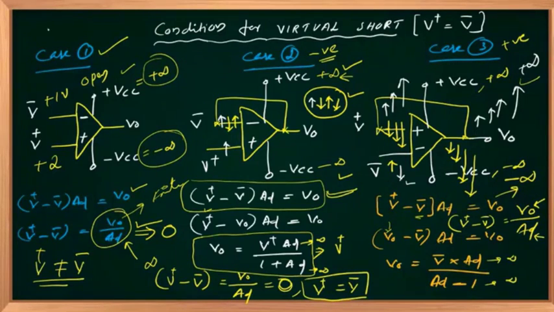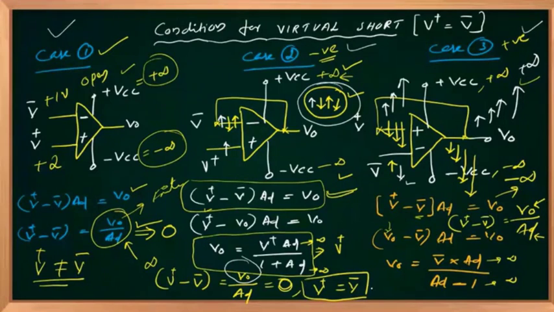So in case number 1 and case number 3, you cannot say that V out is always finite. But in case number 2, you can always say that your V out is finite. So finite upon infinity will give you a 0.